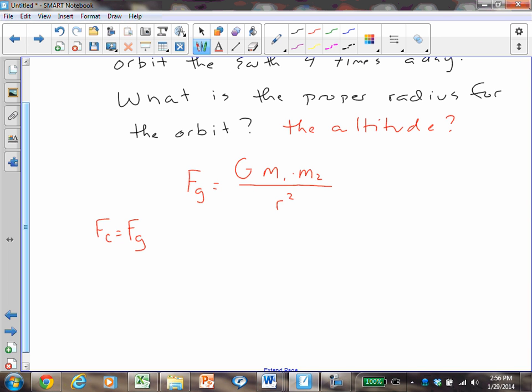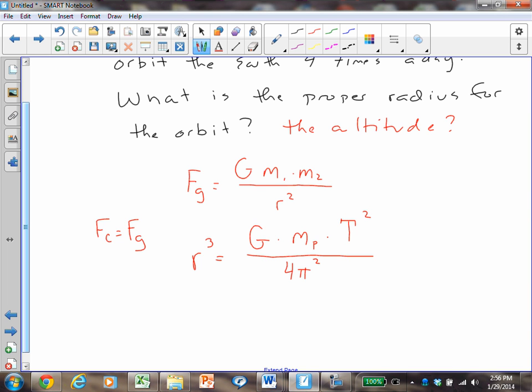And I did all this in the notes to come up with the formula. The formula I believe we came up with was r cubed equals big G times mass of the planet times t squared, divided by 4 pi squared.